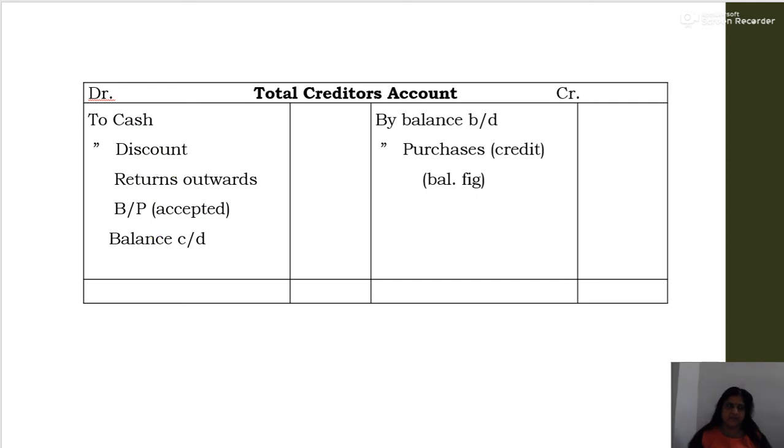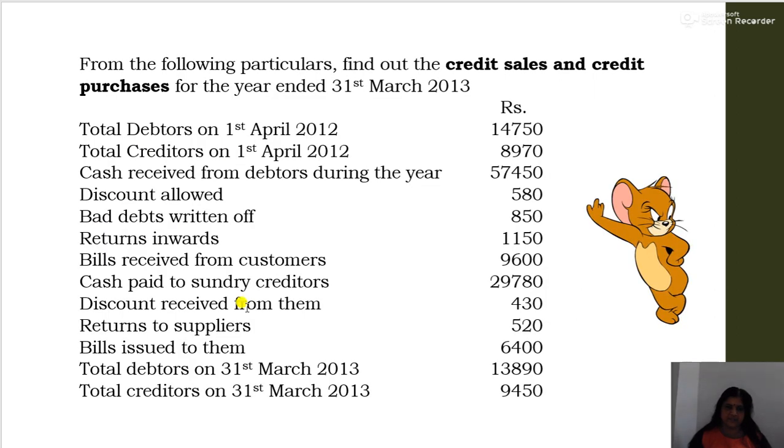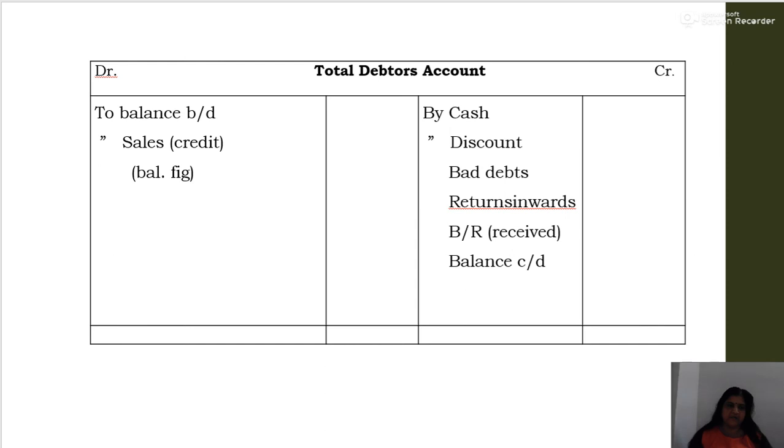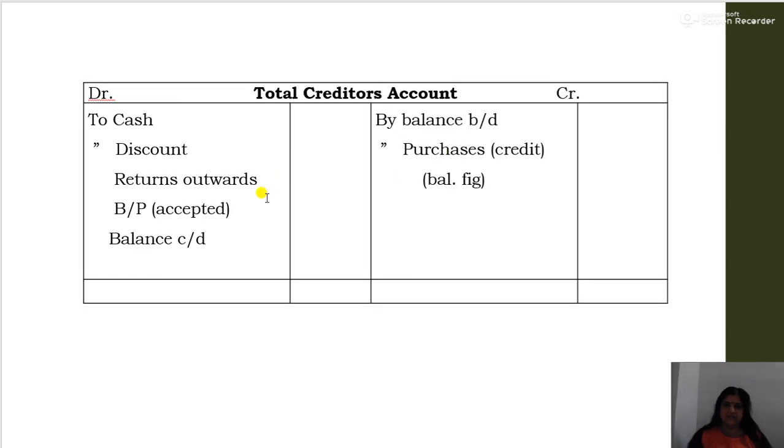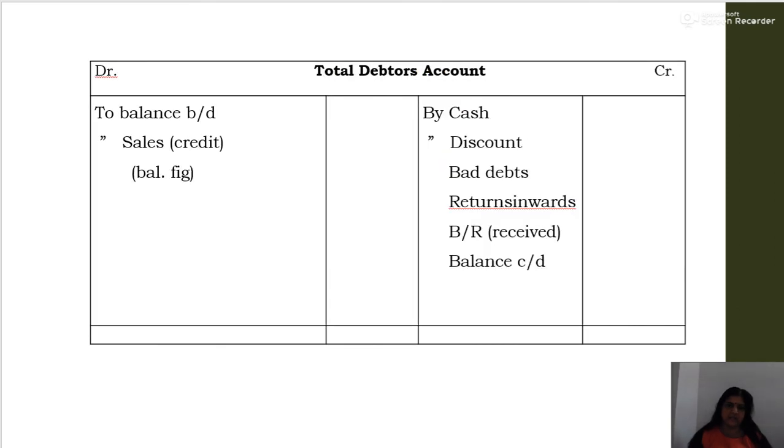Okay, so this is the format for ascertaining credit sales and credit purchases from this question. Now simply you have to fill the values. Then you can obtain credit purchases from total creditors account and credit sales from total debtors account. Okay, so try it. Okay, thank you.